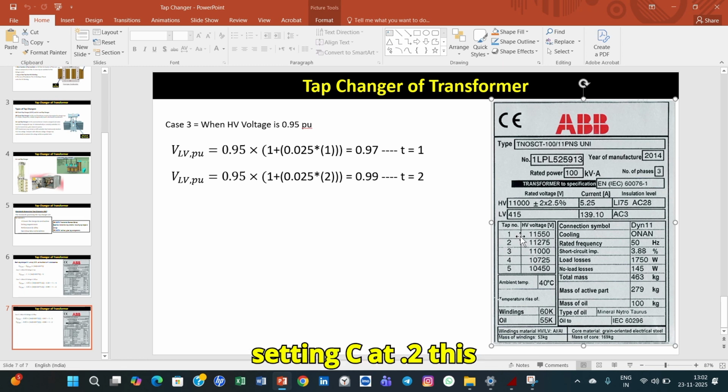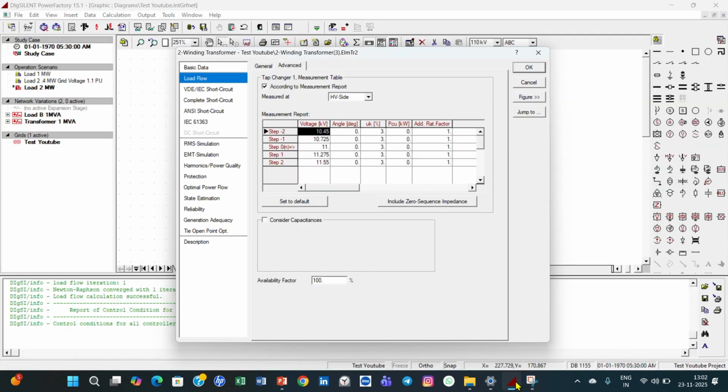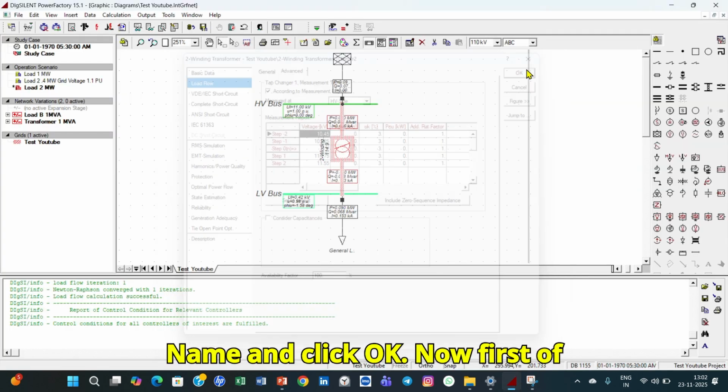See, at 2 it is 11.55; you can consider here 0, 1, 2 like that, or 0, -1, -2 and 0, 1, 2. You can see at 1 it's 11.275. Okay, same, and click OK.